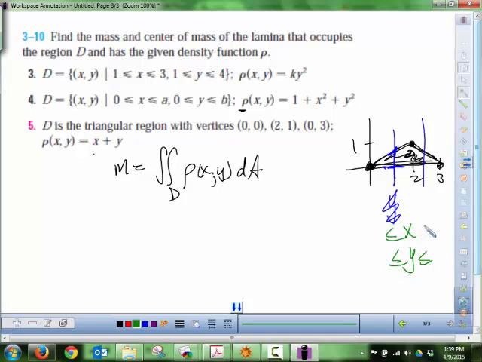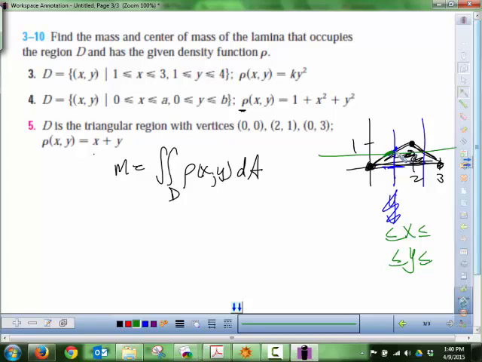If I draw a line parallel to the x-axis, I'll see that regardless of where I am along my y, I'm always going to be entering the same x function and exiting the same x function. So I want to integrate with respect to x first.